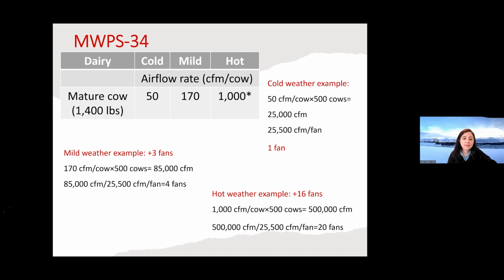For mild weather, it is 170, we still have 500 cows, so we will need 85,000 CFM. We had one fan. If we turn on 3 more fans, then we are good to go. For the hot weather example, if we assume it is 1,000 CFM per cow, we will need 20 fans during hot weather. If we had 4, we need to turn on 16.